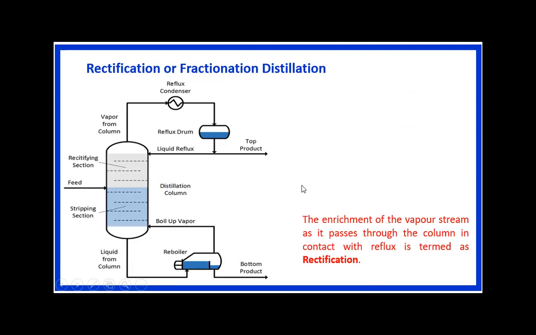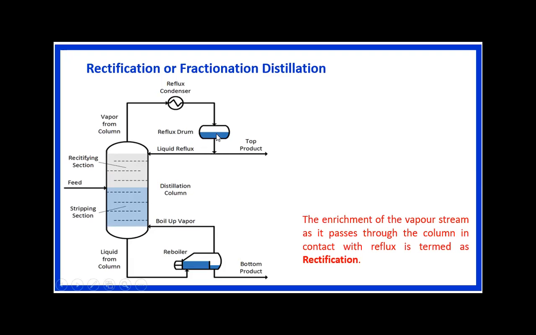Why is this distillation method called rectification? Because the enrichment of the vapor stream as it passes through the column in contact with reflux is termed rectification. So it is a technique of rectification with reflux.